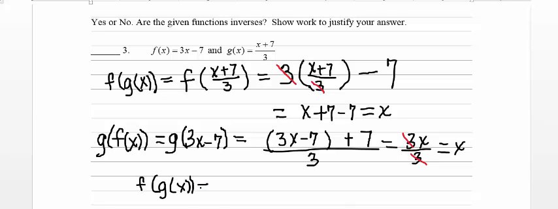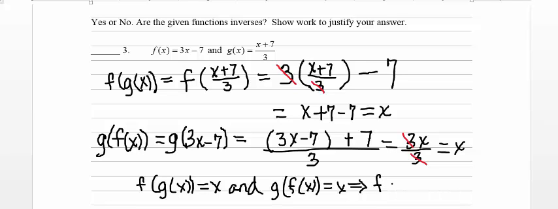So f of g of x is x, and g of f of x is x. So that means that f of x and g of x are inverses, or I could say f and g are inverses. So the answer here is yes.